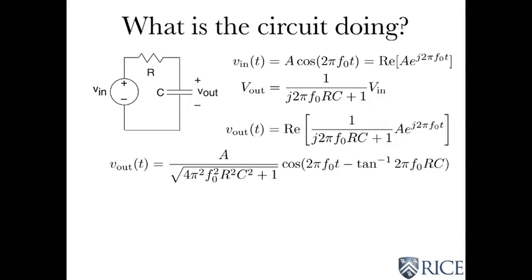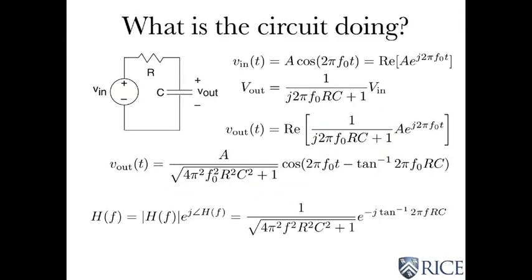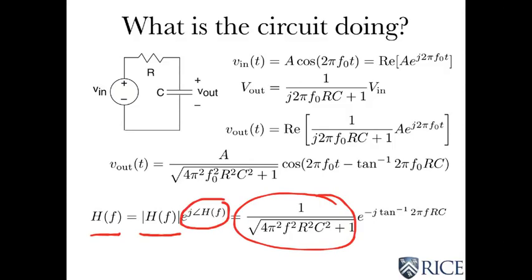One critical thing we had to do in order to derive this result was we had to convert this expression for the transfer function into polar form. And it turns out that's the way we think about transfer functions, not in Cartesian form, but in polar form. So here it is. I've written H of f in terms of its magnitude, which is the quantity here, and in terms of a phase, which is given by this.